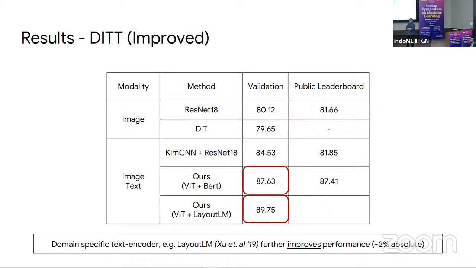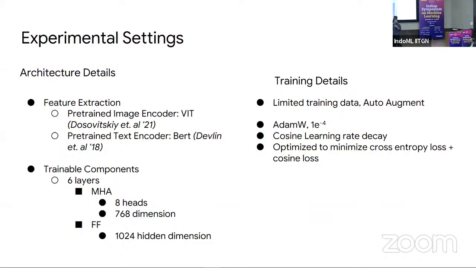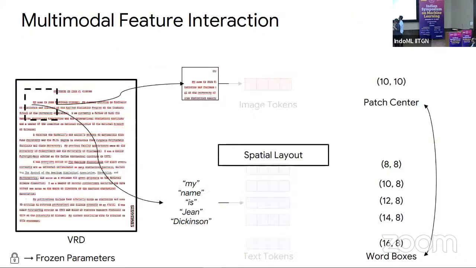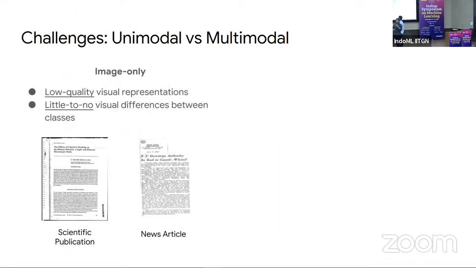Kind of related to Ashish's question here. Did you do an analysis of where the model makes mistakes? Are they harder examples? Are they specific classes? Like I said earlier, there were two classes, the scientific publication and the news article.